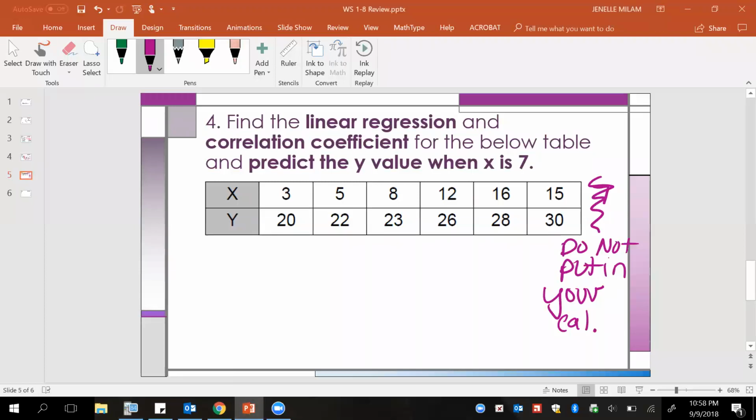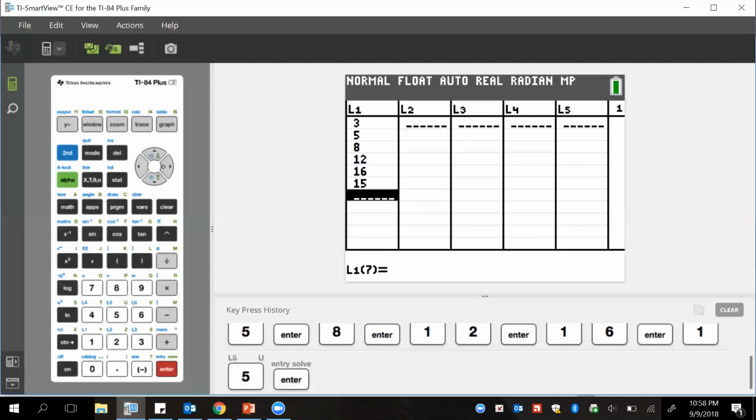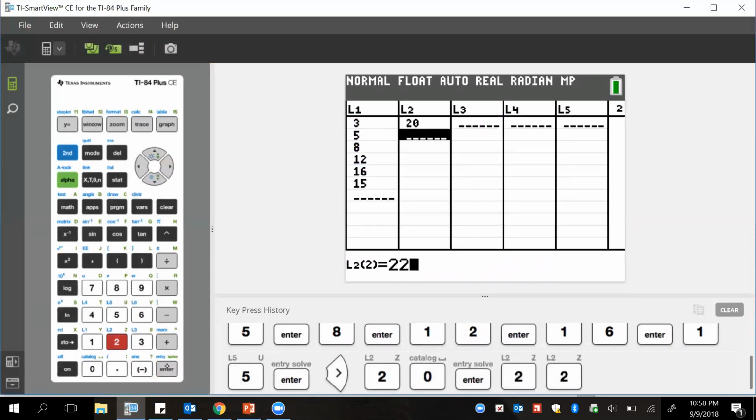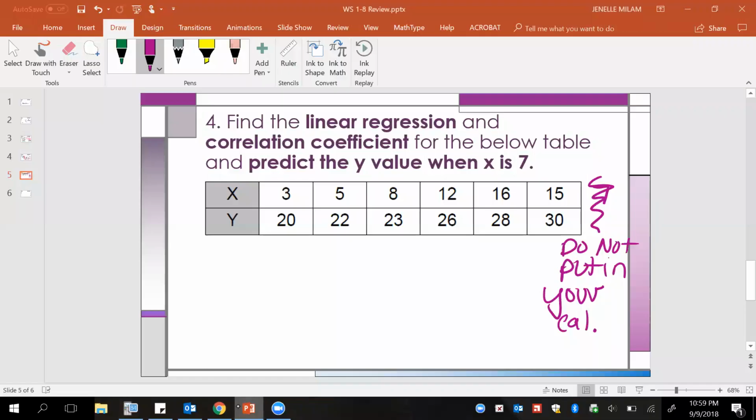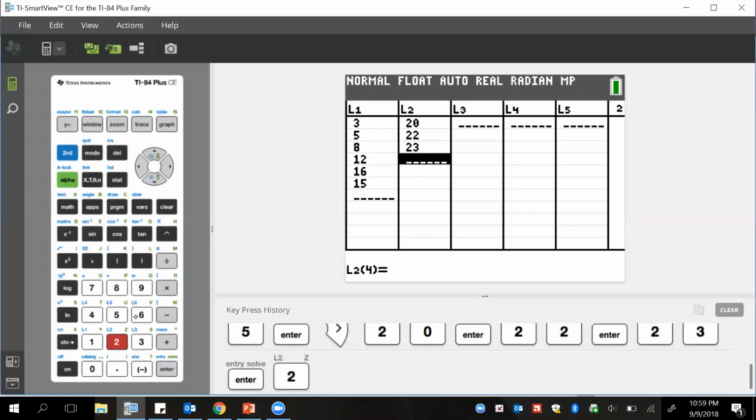Exactly like I see it. Notice my L1 is my X value. So all of these X values went in L1, so L2 is going to be all of my Y values. So 20, 22, 23.